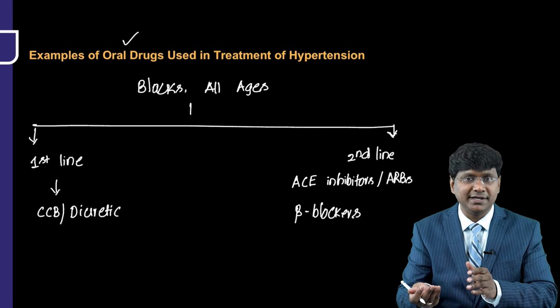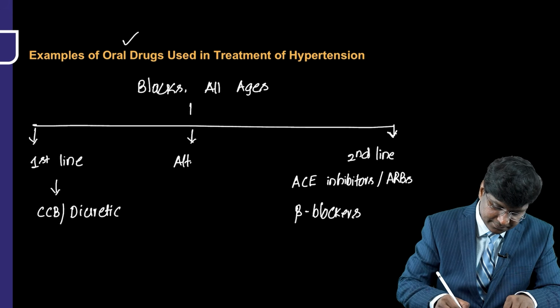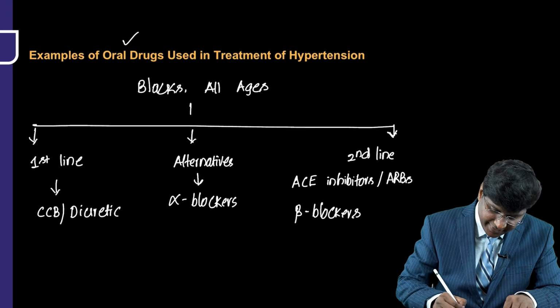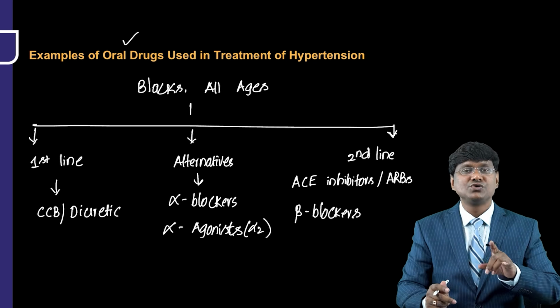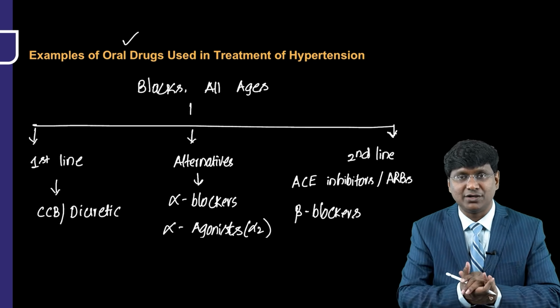What are the other alternatives? The other alternatives are alpha blockers, and we also have alpha agonists. Which alpha agonists? That is the centrally acting alpha 2 agonist. By acting on alpha 2 receptors within the central nervous system, it inhibits the sympathetic outflow.